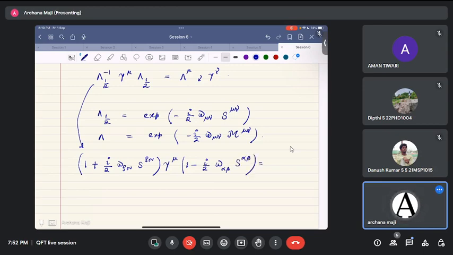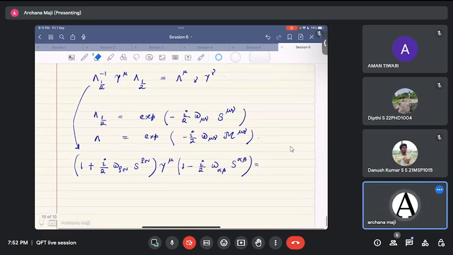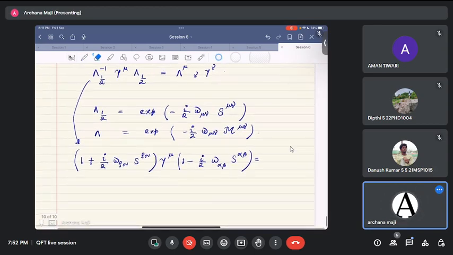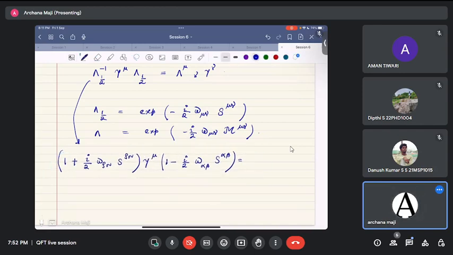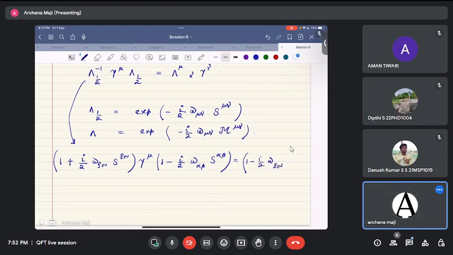This is equal to the exponential of that term, so it becomes 1 minus i over 2 omega_rho sigma (M^rho sigma)^mu_nu gamma^nu.